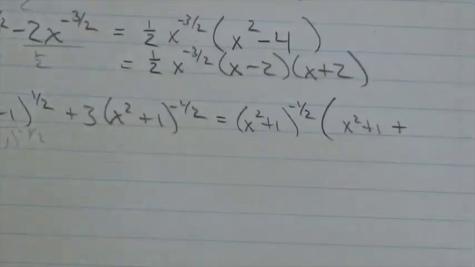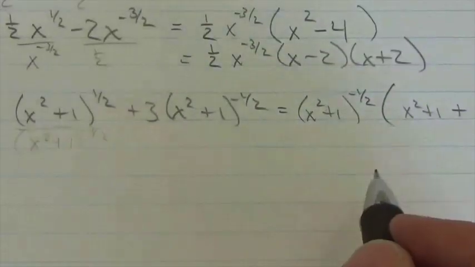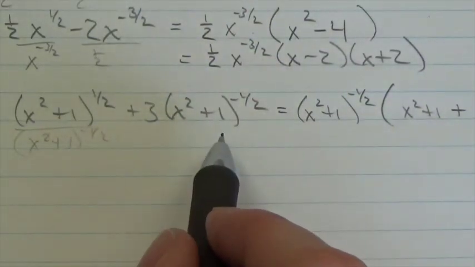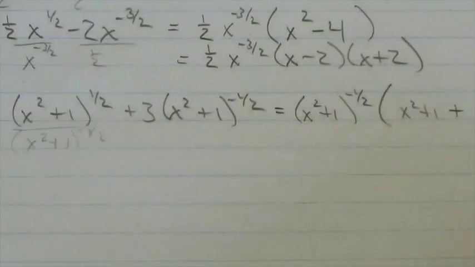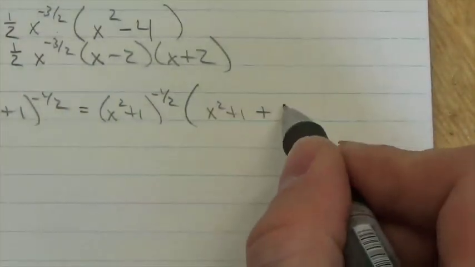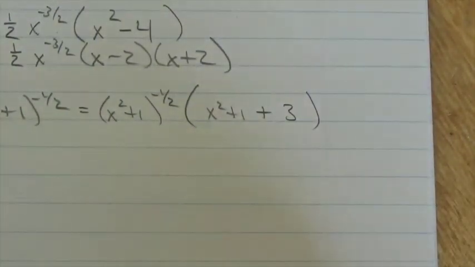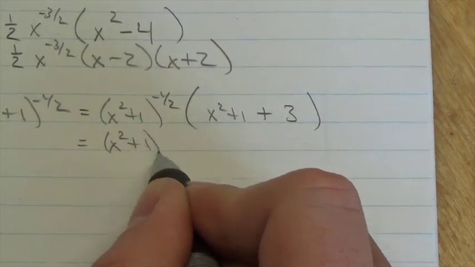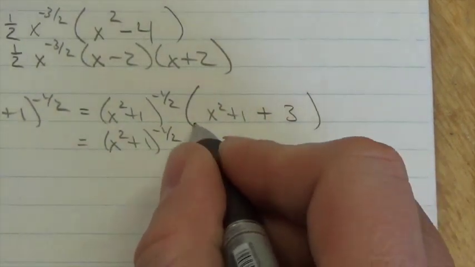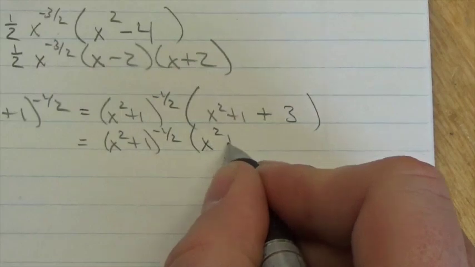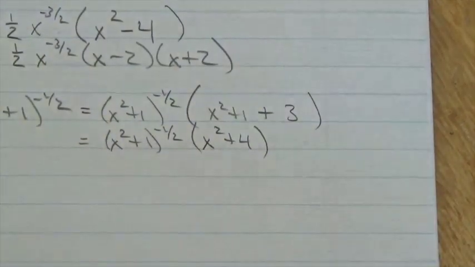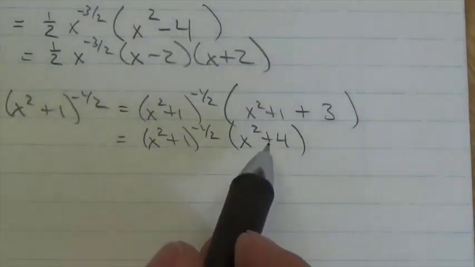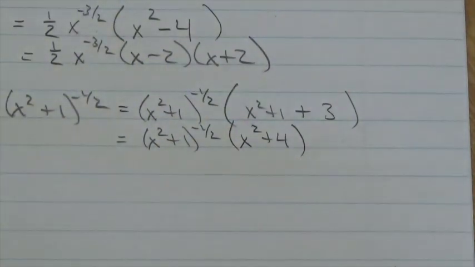Plus, when I divided the second term by (x squared plus 1) to the negative 1/2, those are just going to cancel, and so I'm only left with the coefficient, the 3. Altogether, this will be (x squared plus 1) to the negative 1/2 multiplied by x squared plus 4. And because that is a sum of squares, that's the end of that one. I'm not going to take that any further.